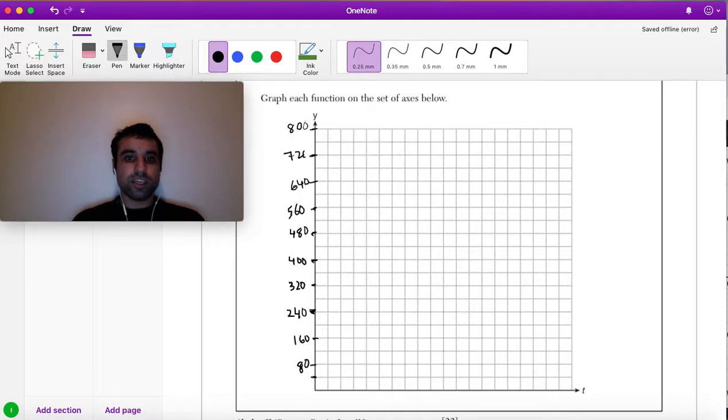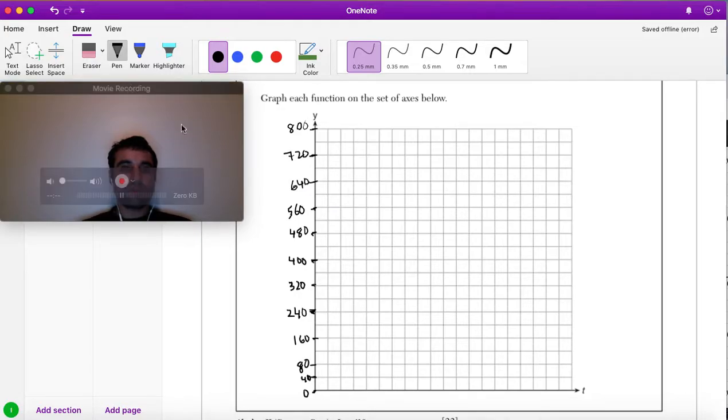And 720 and 800. So basically multiples of 80: 80, 160, 240, 320, 400, 480, 560, and so on. And of course we start at 0, and each spot is actually worth 40, but we don't have to write every single one down. I won't write it down because it's hard to fit.